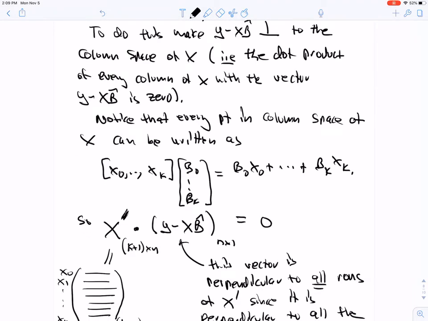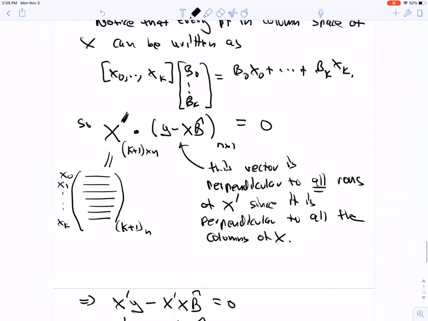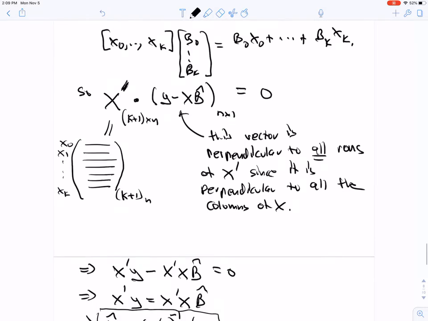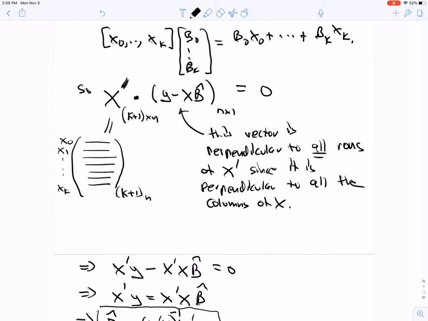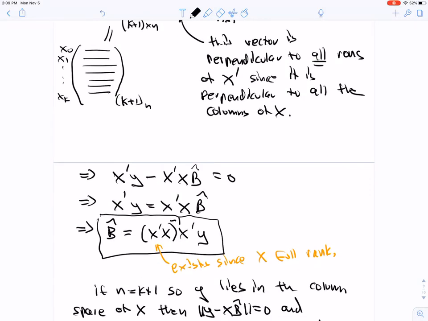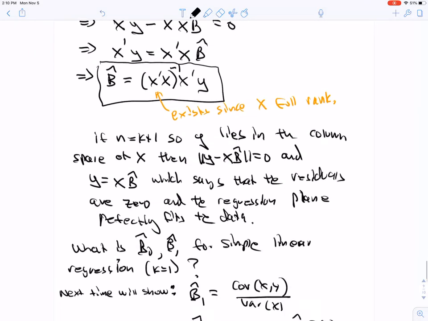So X transpose dot (y minus X beta hat) is 0, and so X transpose y minus X transpose X beta hat is 0, and you can solve for beta hat as (X transpose X) inverse X transpose y. The inverse of X transpose X exists because X has full rank.